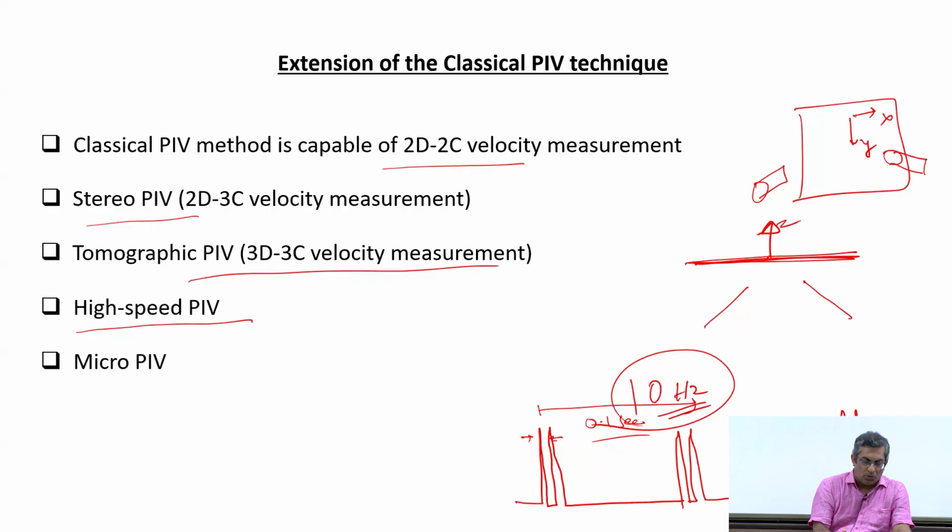And if you really want to resolve Kolmogorov time scales also, then you have to make it smaller than the time scale of the Kolmogorov eddies. So that is why we have to rely on high speed PIV. This will require use of high speed laser as well as high speed cameras.